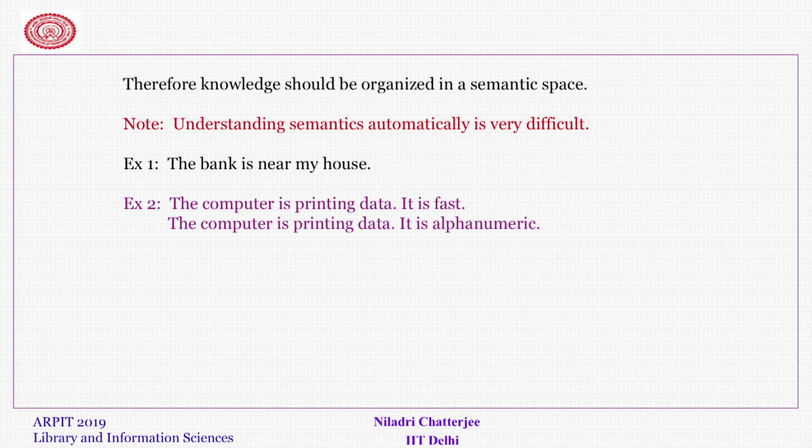In the second pair of sentences, when I say it, it is actually referring to the data, because it is the data which is alphanumeric. Now, from the construction of the sentences, it is not clear actually what the pronoun it means.